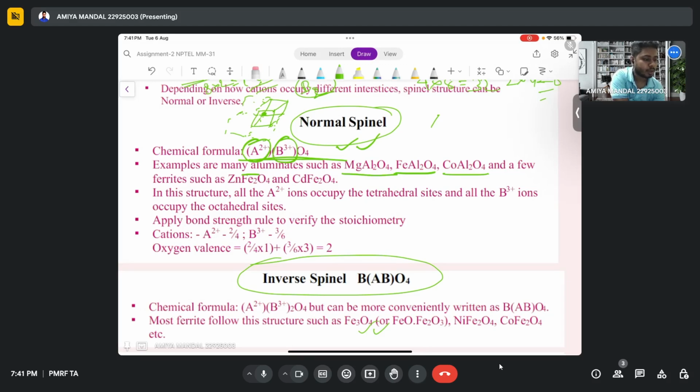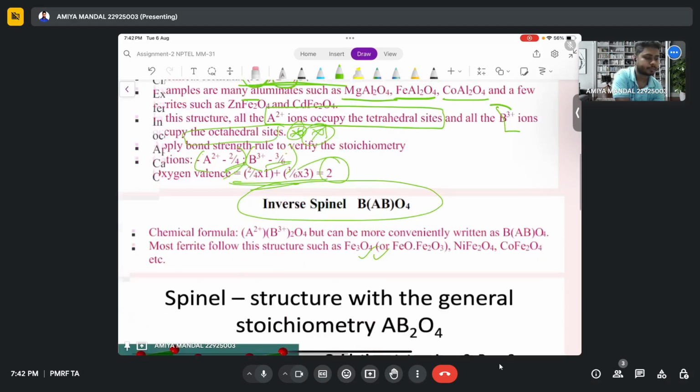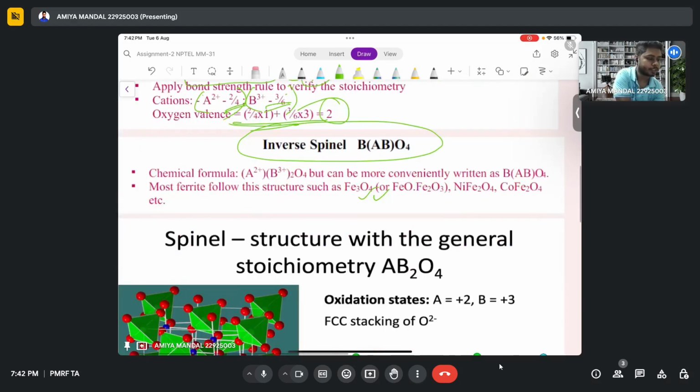In the normal structure, A occupies the tetrahedral site and B occupies the octahedral site. That is very important. The cation and anion charges balance, so the oxygen valence is 2 minus. It is simple mathematics.